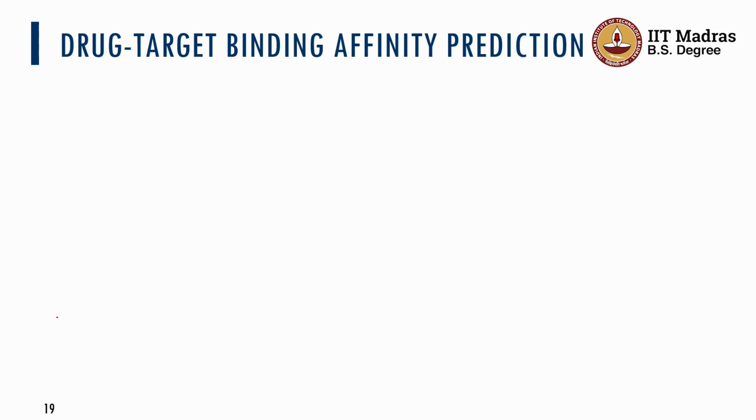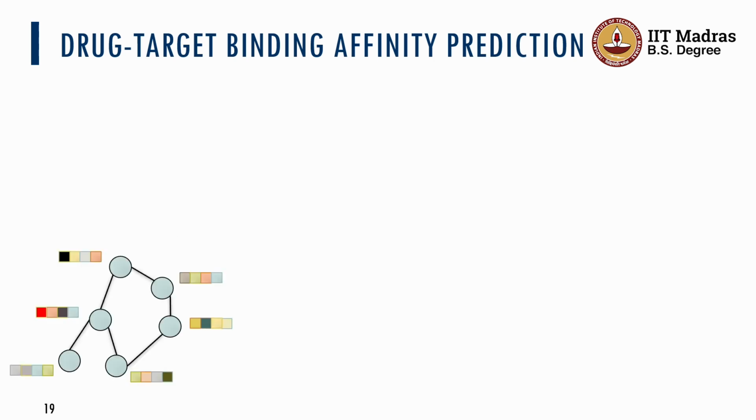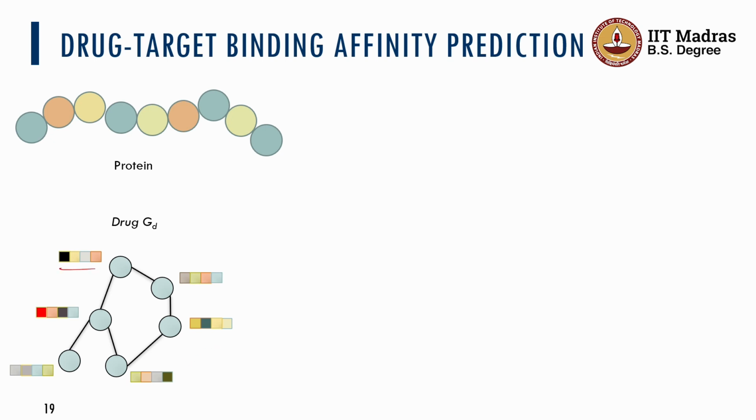So let's look at this particular task. We have a drug GD1, and as we know, we can represent it as a graph with nodes and the corresponding features. And I have taken a protein as a sequence of amino acids.